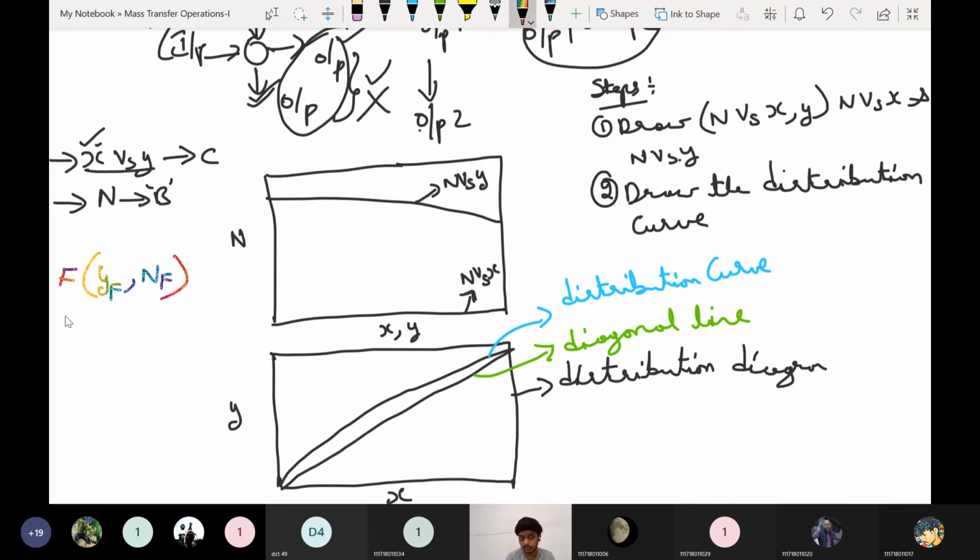So this point, and the next point is the R0 point. R0 point will be at x0 comma n0. Then the next point will be the M1 point. M1 point will be at ym1 comma nm1. So these are the 3 points for which we have to keep this data handy.